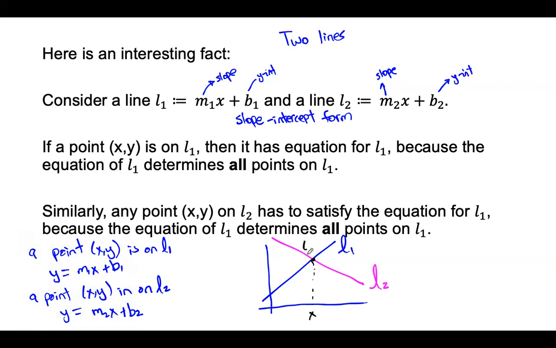So we would find our x if we have two lines that are not parallel. We can find this x, and then we could also find the corresponding y. That's all it's saying.